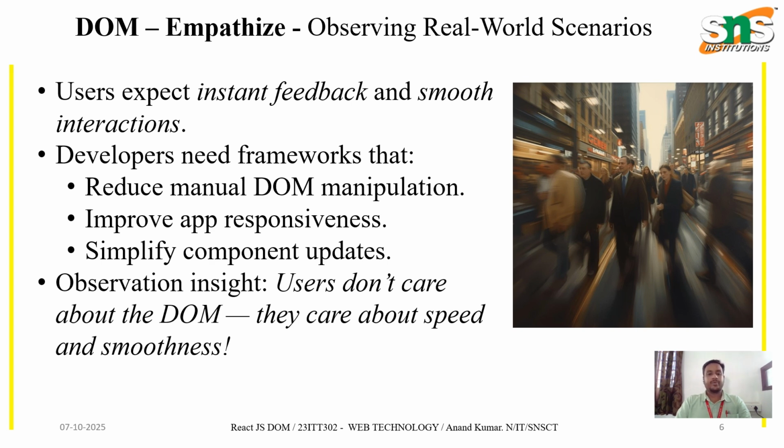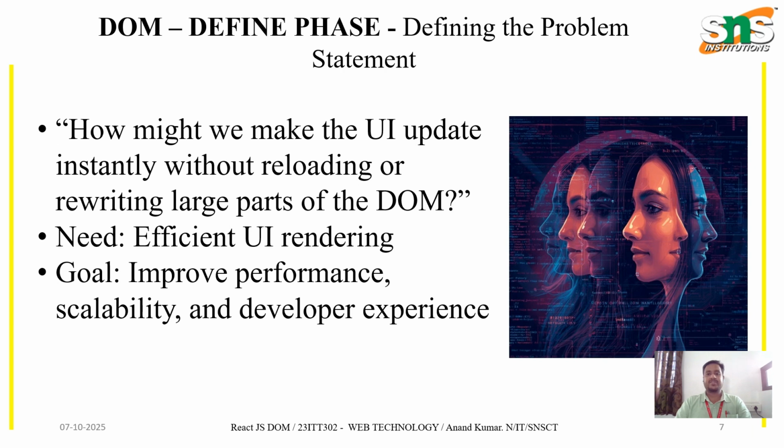To improve app responsiveness, we can use React.js, and regarding the DOM, we can use simplified component updates. The observation here is that users don't care about the DOM, they care about speed and smoothness.